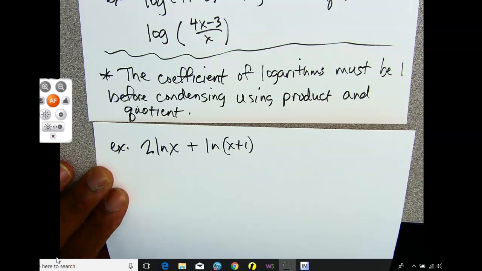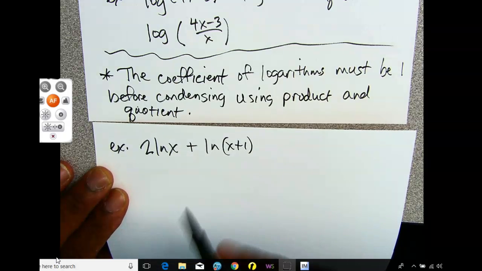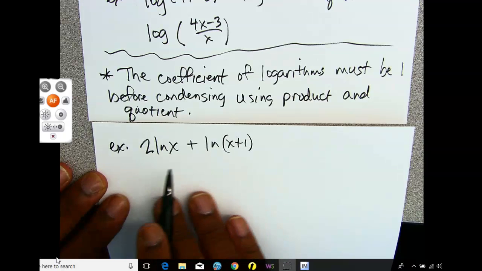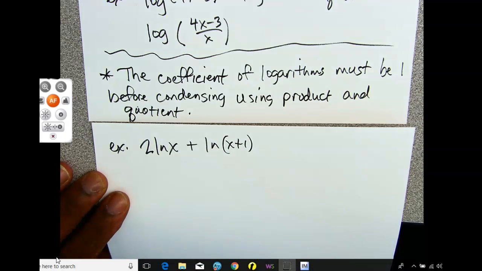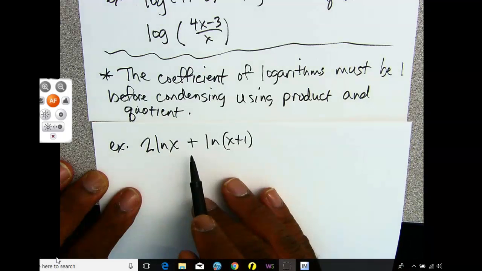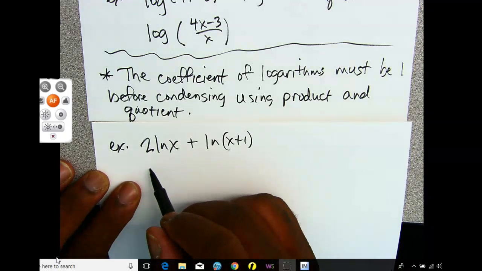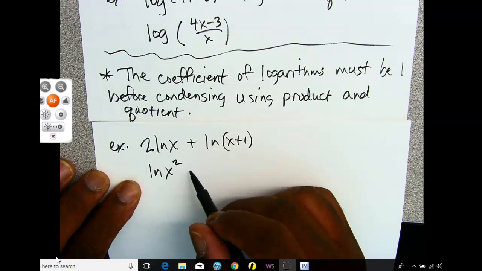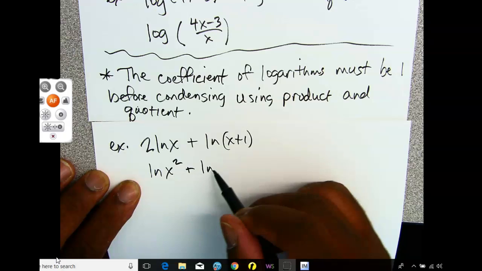We can't just erase it. So it's not necessarily gone, but we need to rewrite this log. So we're going to rewrite it using our power rule. So 2 times natural log of x is the same thing as natural log of x squared plus natural log of x plus 1.